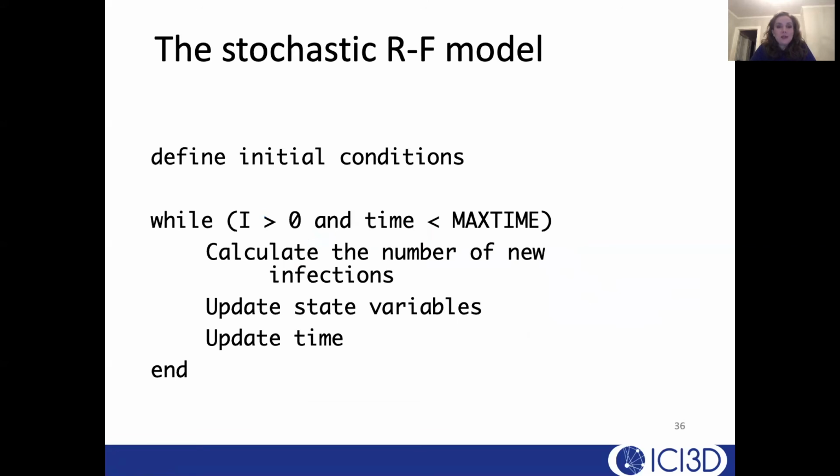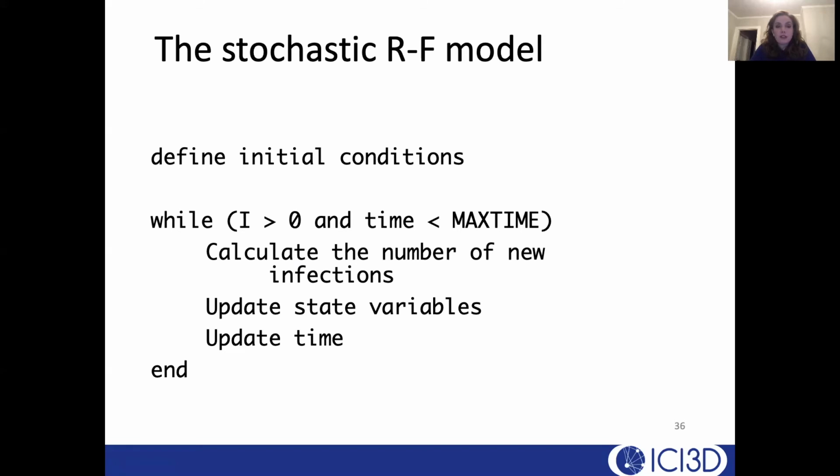So this is an example of pseudocode, which you may or may not have seen or heard of before, but it's basically just a way of expressing what you're going to code up, but without including all of the details. And this is often helpful to get started.